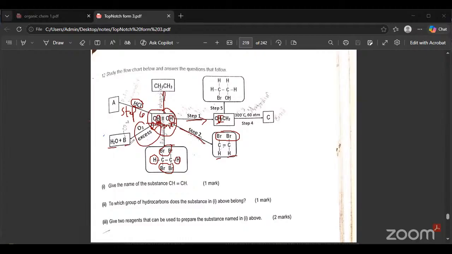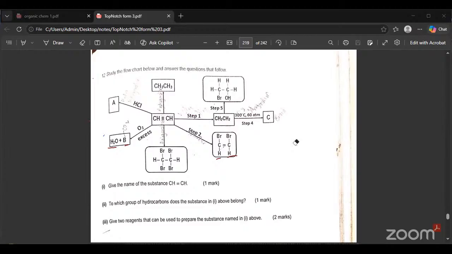Unaona kitu inaendelea. Now, let us step 5. What do you think step 5 is? Let me rub this one so that it becomes easy, so that everybody can see what is happening. Now, before we go to that one, I want us to do step 4.